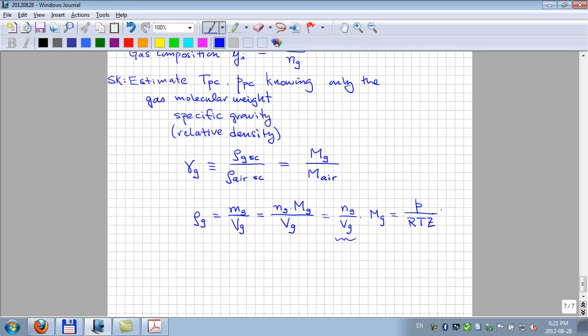Is that right? That's from our gas law. Well, this term at standard conditions is the same for any gas, for example air. So that's why it cancels. So that term at standard conditions will cancel, and we're left only with the ratio of molecular weight.